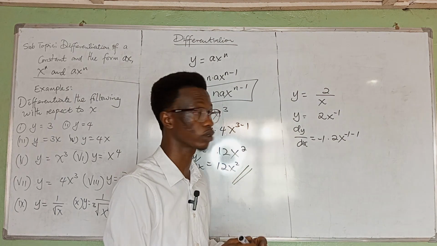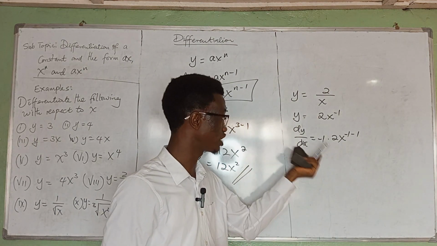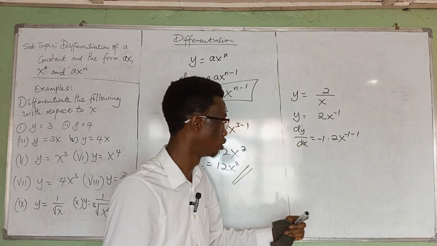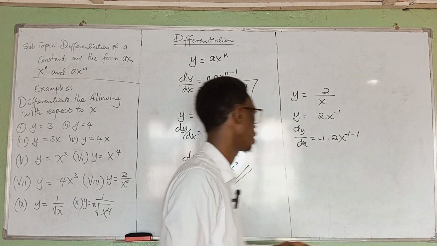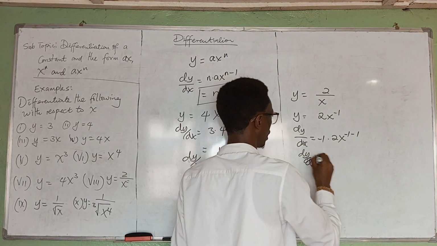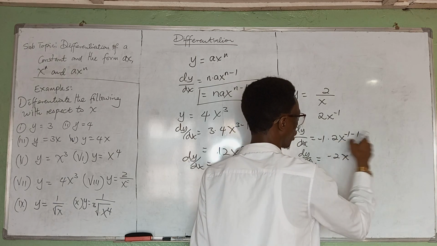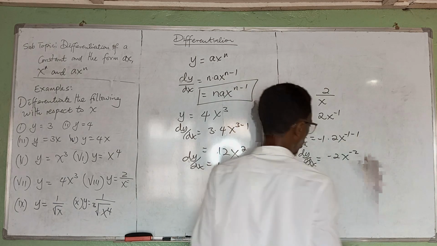As I told you, you always subtract 1 from the power. You multiply the power with the coefficient of x or any variable, and take 1 from that power. So now dy by dx, because minus 1 times 2 becomes minus 2, and x raised to minus 1 minus 1 becomes x to the minus 2.